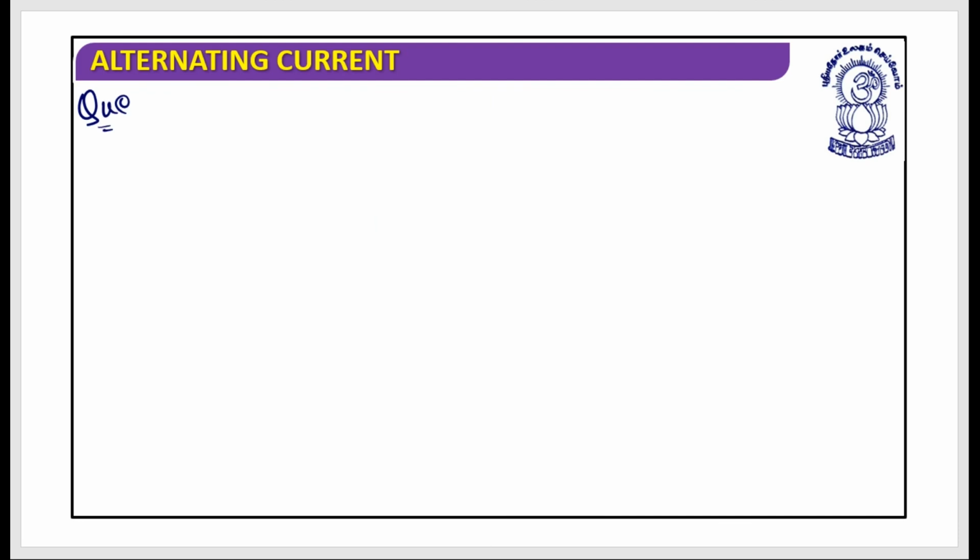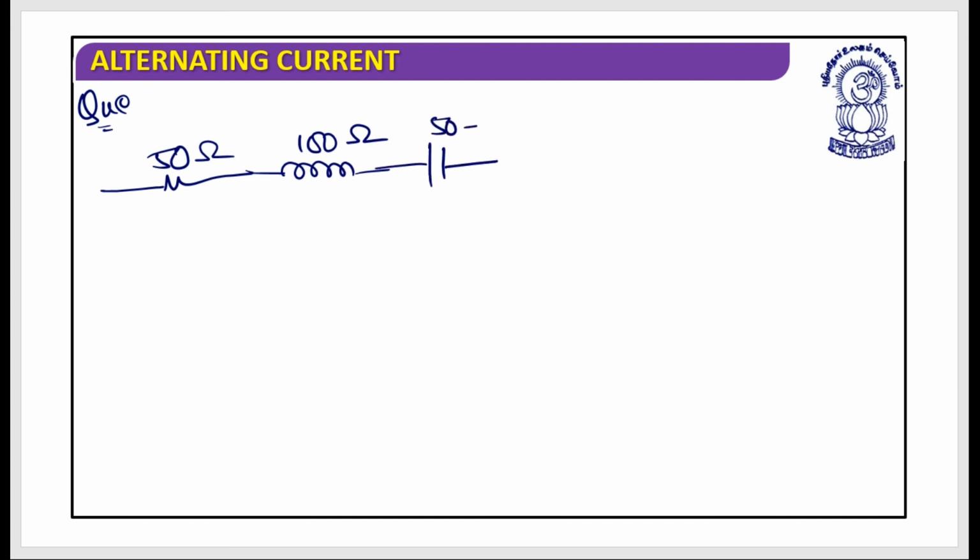Suppose the question is something like this: they have given a resistor of 50 ohm, an inductor with inductive reactance of 100 ohm, and a capacitor with capacitive reactance of 50 ohm, connected to an AC supply.